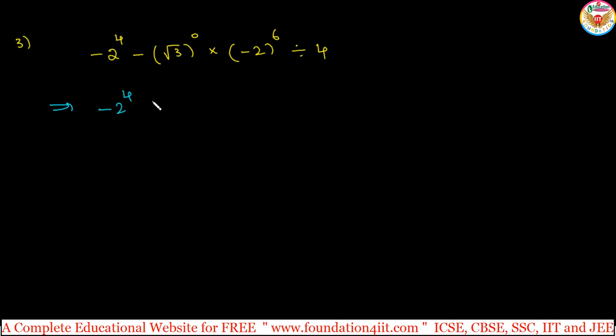Let it be minus, square root of 3 power 0 is 1, and into minus 2 whole power 6. Because minus 2 is the base and is negative, but the power is even, so we'll get positive only.